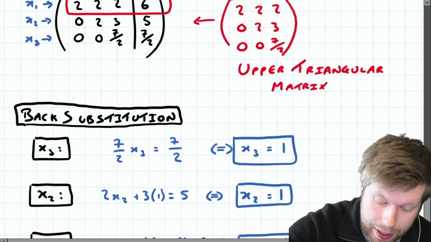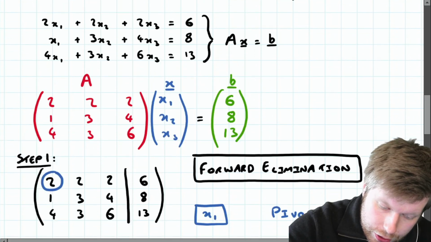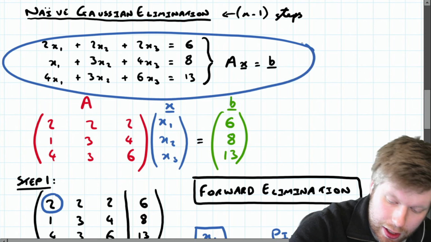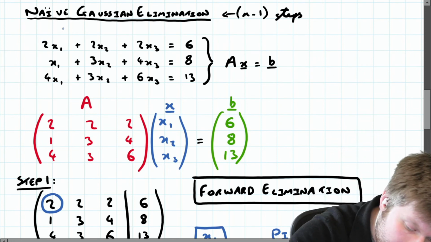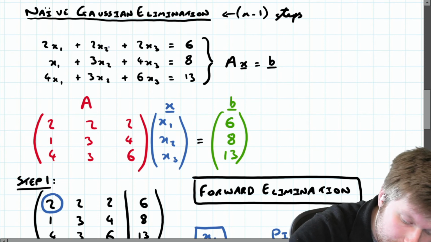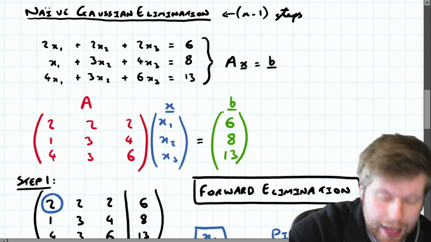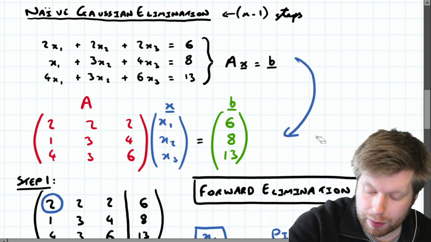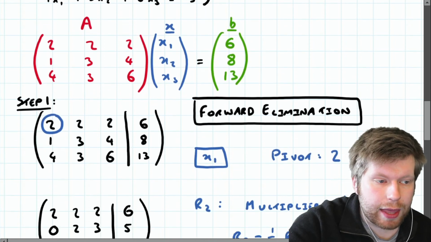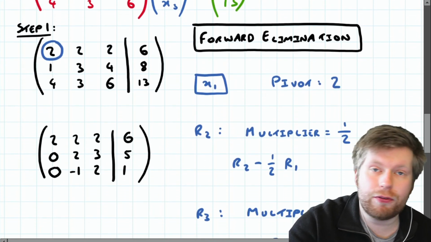Let's just make sure we're happy. The first step is to make sure that our system of linear equations is written correctly, in other words that the columns match up with the unknowns. So the first column is x1s, the second column is x2s, the third column is x3s, etc. Then I can convert this into a matrix representation of my system of linear equations. I then use forward elimination, and the idea is that I figure out what my pivot is.